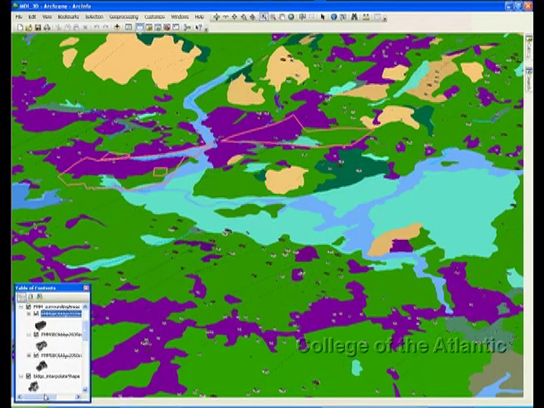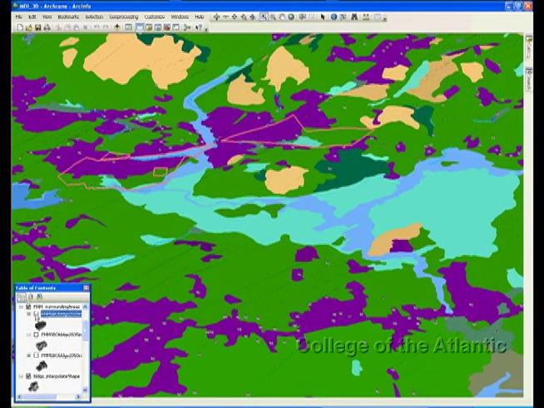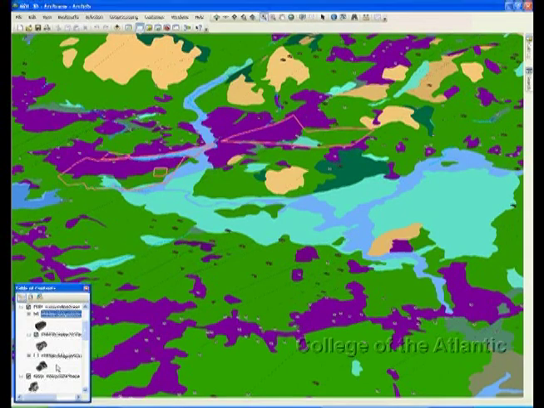So again, this is the basin. This is existing buildings. And then projections for 2020. And then 2035 and 2050.